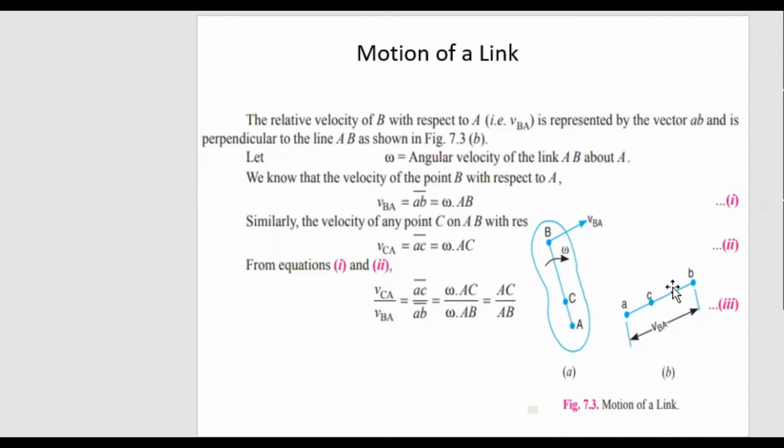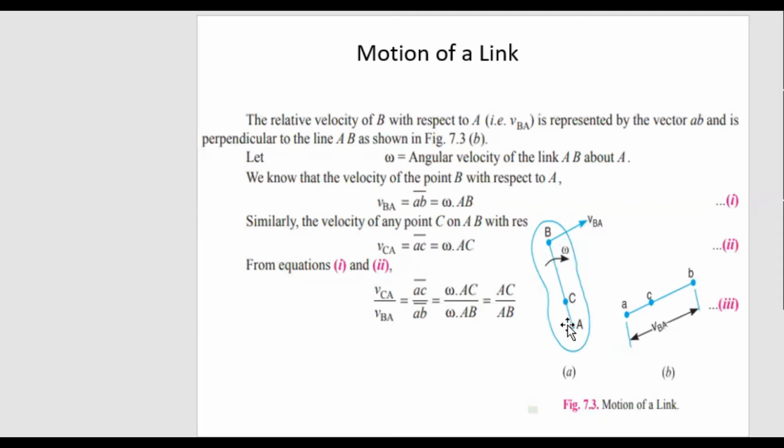So that is given by this length AB and direction. Here direction and length are important. So VBA is in this direction, and that is equal to AB bar. Since this is a vector quantity, we use the direction vector. So AB bar is equal to omega into AB.